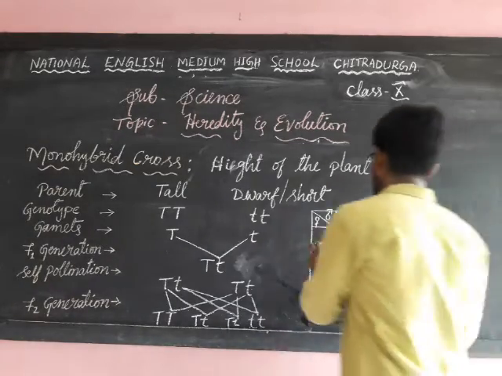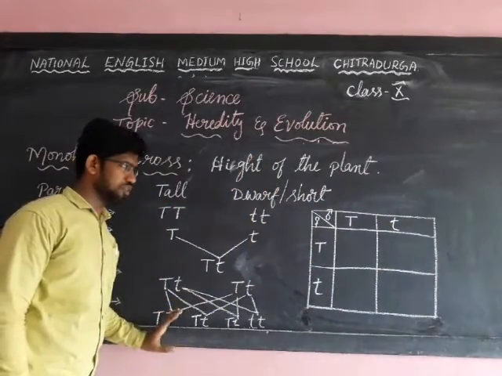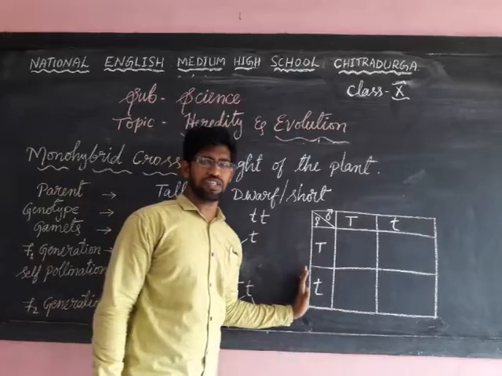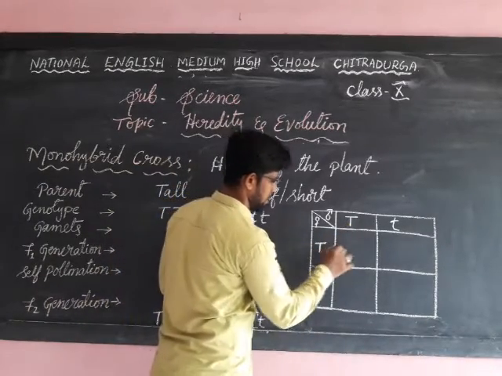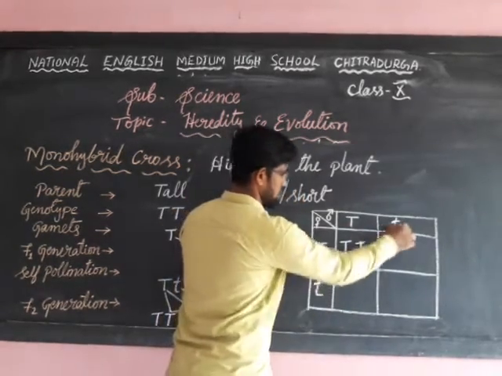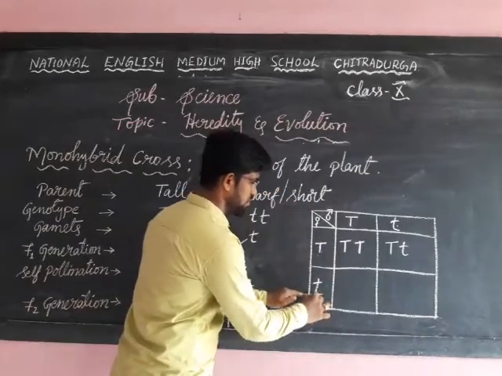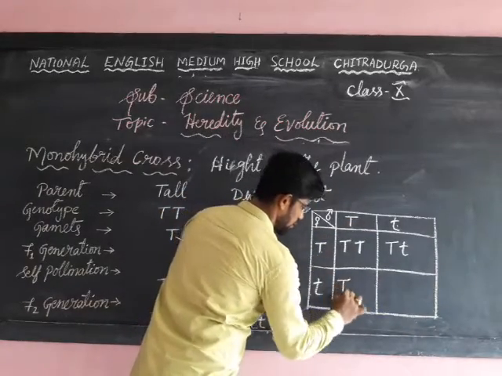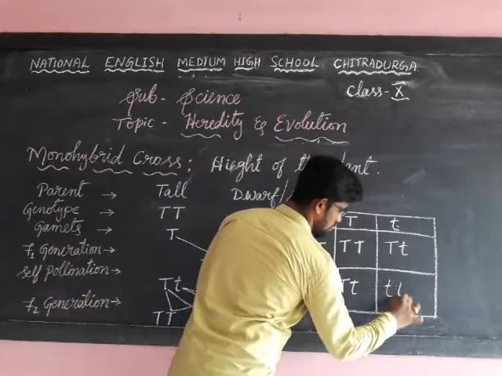So let's see this checkerboard. What we are getting in the F2 generation progenies, we can easily show in this checkerboard. Crossing capital T with capital T, we get capital T capital T. Crossing this one, we get capital T, small t. Using this one again, capital T, small t, and the last one is small t, small t.